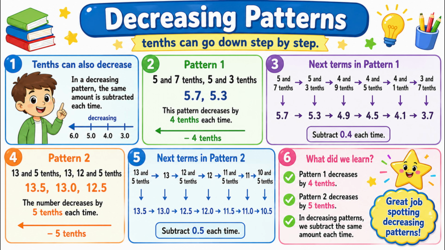In the pattern 13 and 5/10, 13, 12 and 5/10, the number decreases by 5/10 each time. So the next terms are 12, 11 and 5/10, 11, and 10 and 5/10.